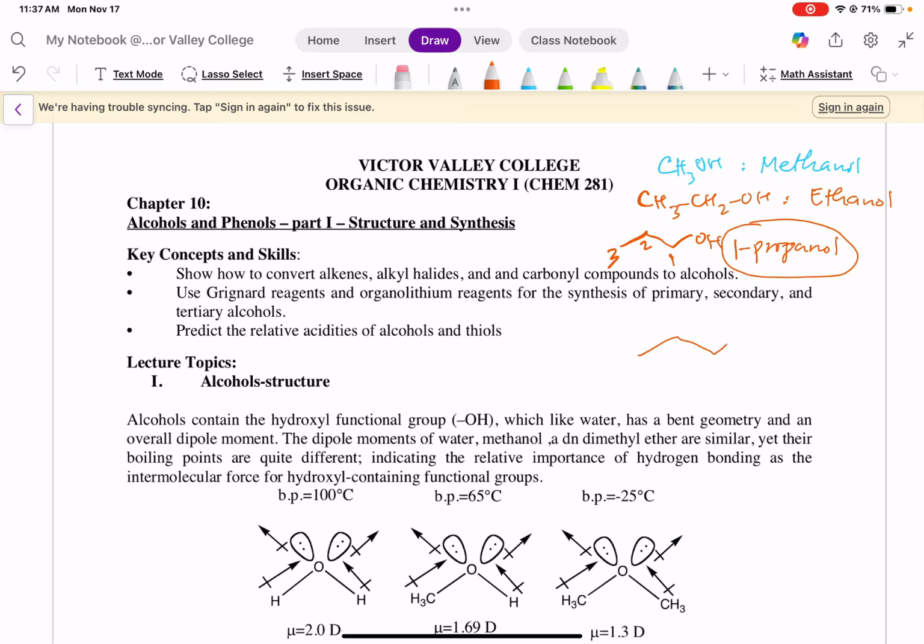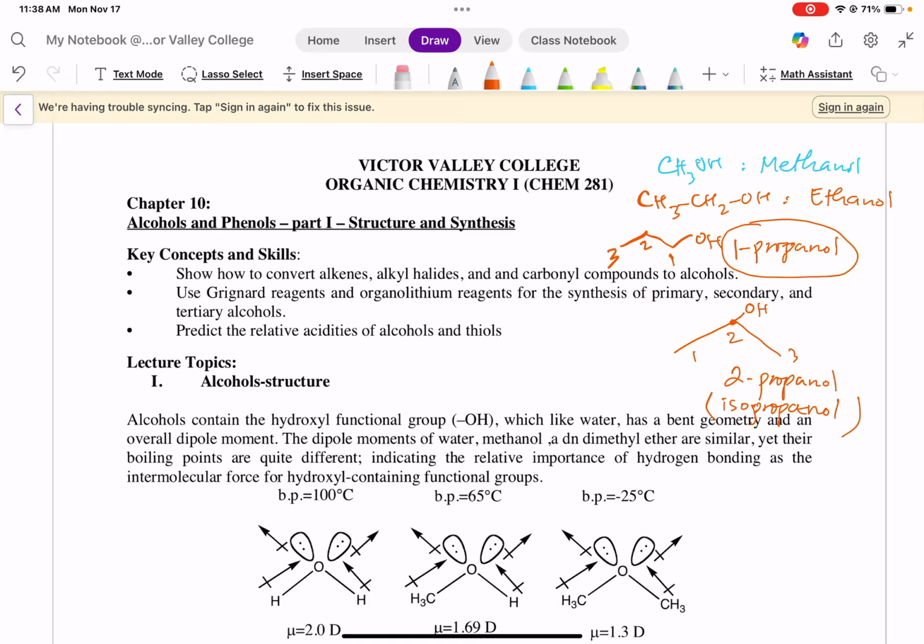Because if you have that, 1, 2, 3, and the alcohol is on carbon number 2, so that's 2-propanol, and the nickname is isopropyl alcohol or isopropanol.